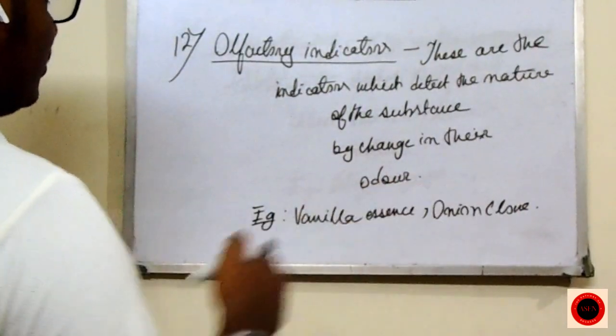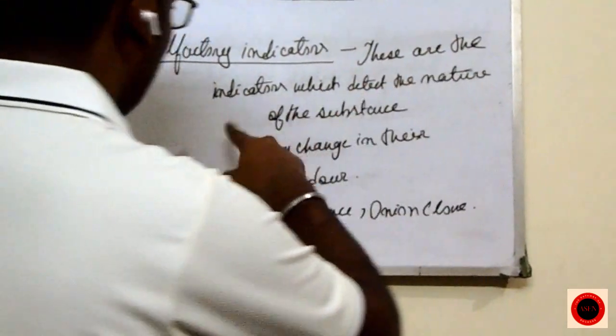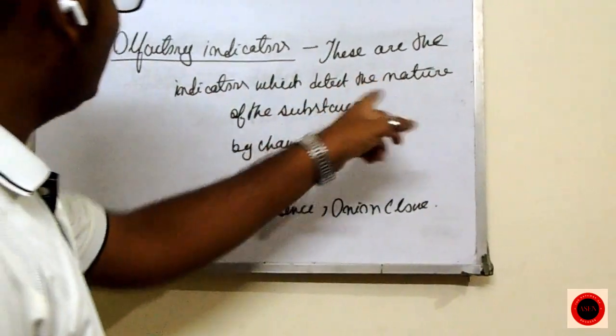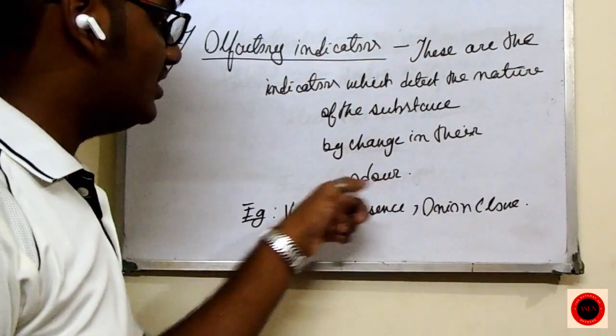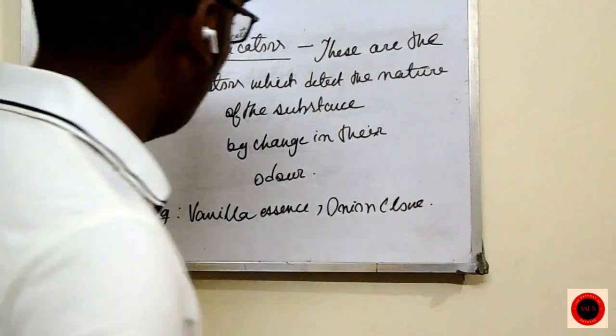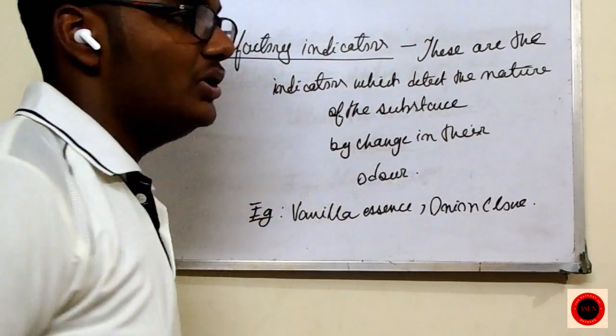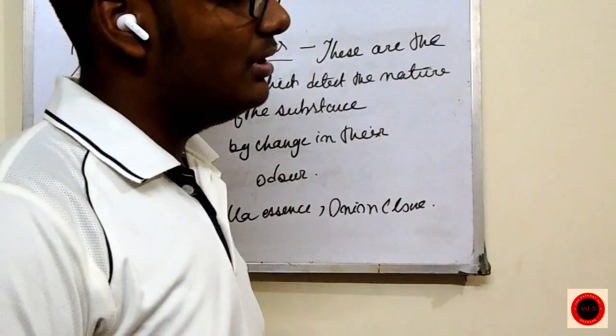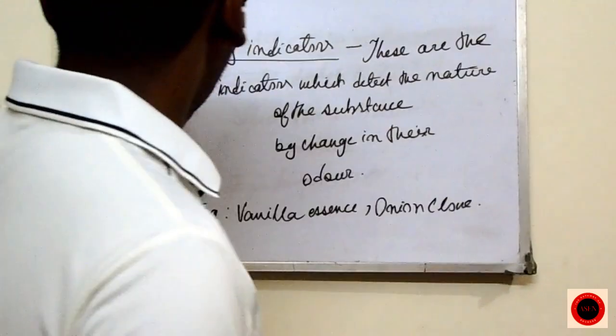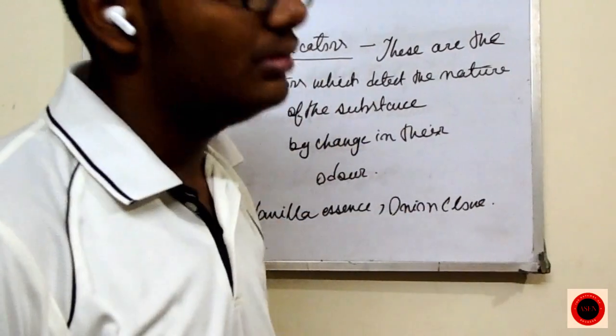Okay, vanilla essence and onion cloves. These are the indicators which detect the nature of the substance by change in their odor. So simply just remember the names carefully. Olfactory indicators, odor.